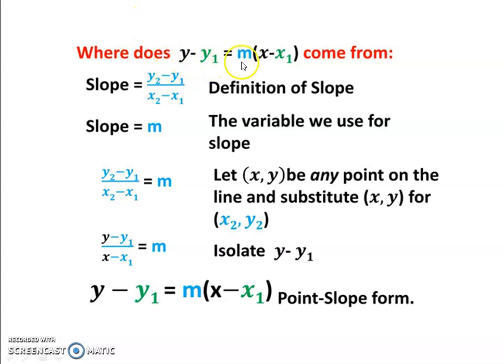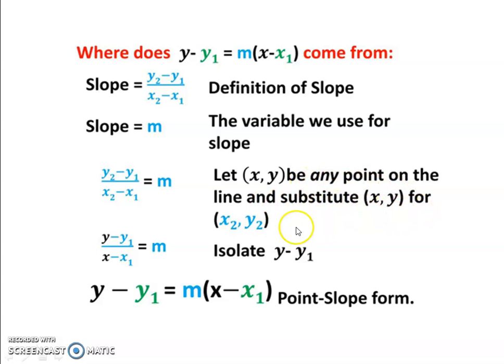Where does y minus y1 is equal to m times x minus x1 come from? Yes, let us check. Slope formula is y2 minus y1 upon x2 minus x1. Definition of slope: slope is equal to m, the variable we use for the slope, that is y2 minus y1 upon x2 minus x1. Let x, y be any point on the line.